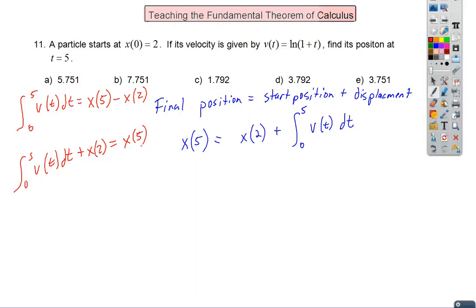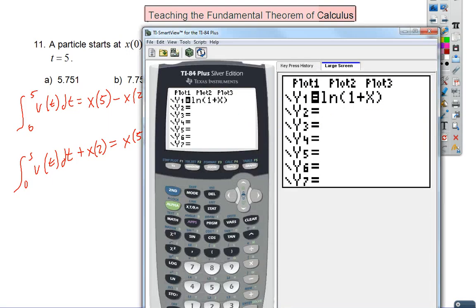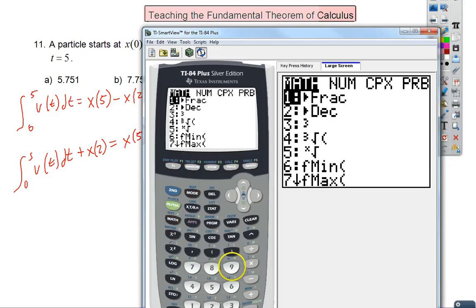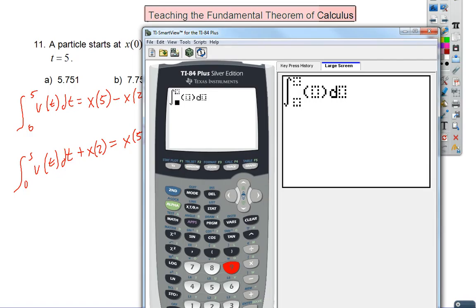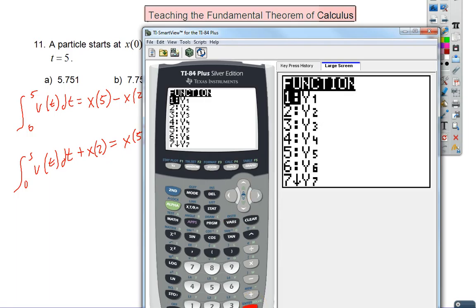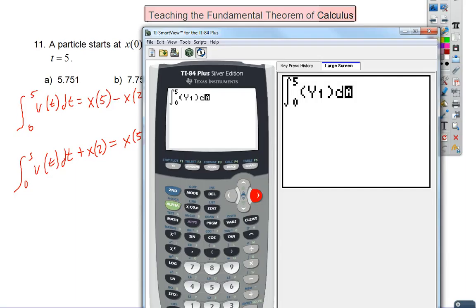So now I go over here and I just solve. Well, x of 0 I know. That's 2. How can I find out this big business here? That's where a calculator comes into play. I've already taken the liberty to put that in y1. So I'm going to hit second, quit, and go Math 9. I'm going from 0 to 5 of Y-Vars function y1 dx.